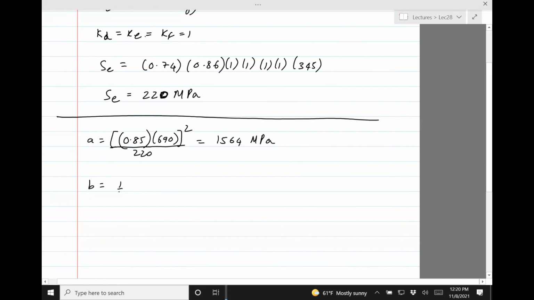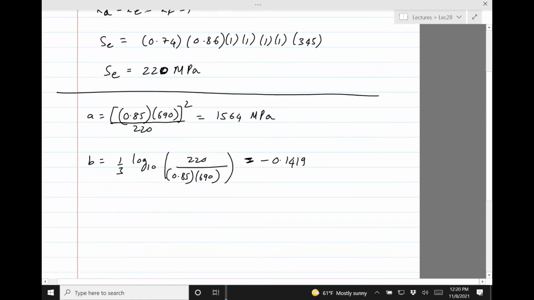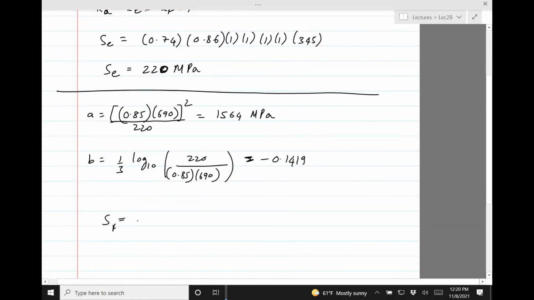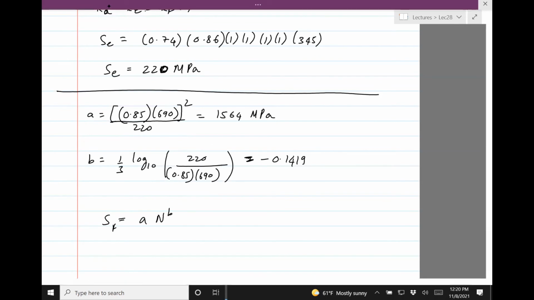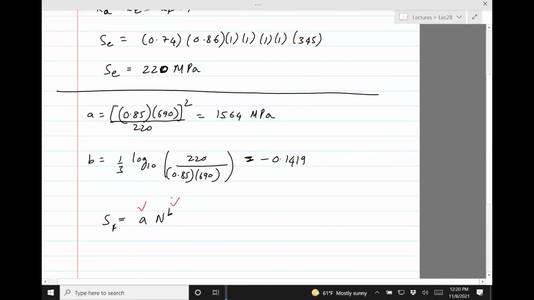And then B is minus one-third log base 10 of SE, which is 220, just computed, divided by F, which we also computed, 0.85, times SUT, which is 690. That is minus 0.1419. So in this formula, we have now computed A and B.